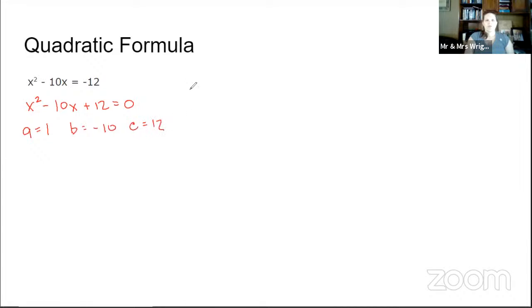What's our quadratic formula? It's going to be -b plus or minus the square root of b squared minus 4ac all over 2a. All right, so now we need to just plug in our a, our b, and our c. In this case, it's -b plus or minus. All right, so in this case, -b is -10.